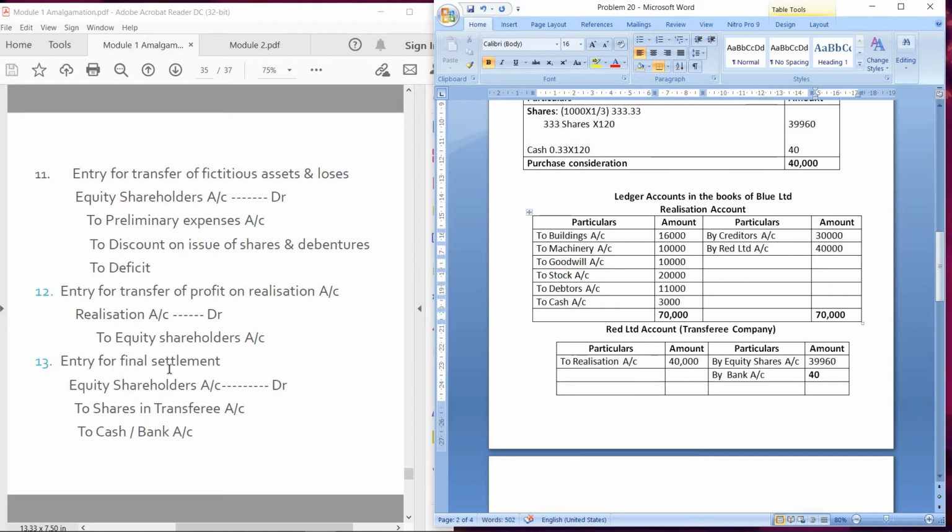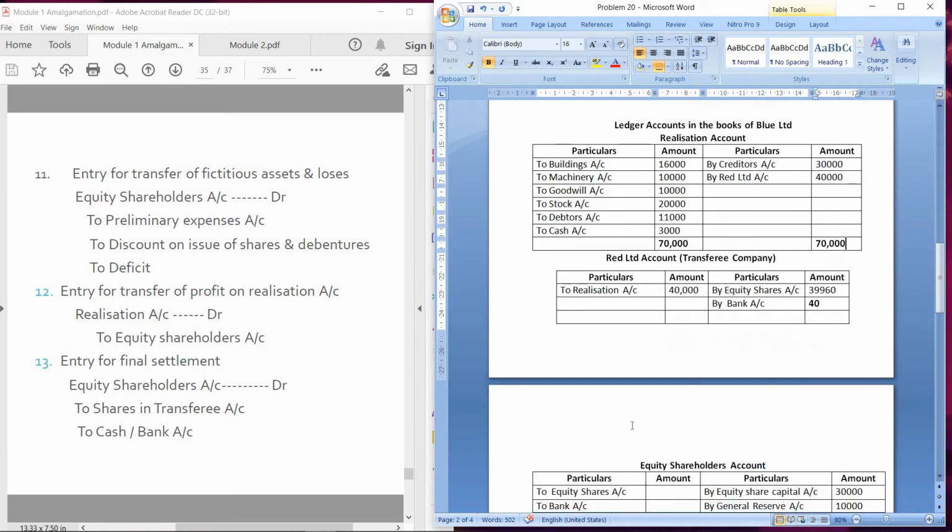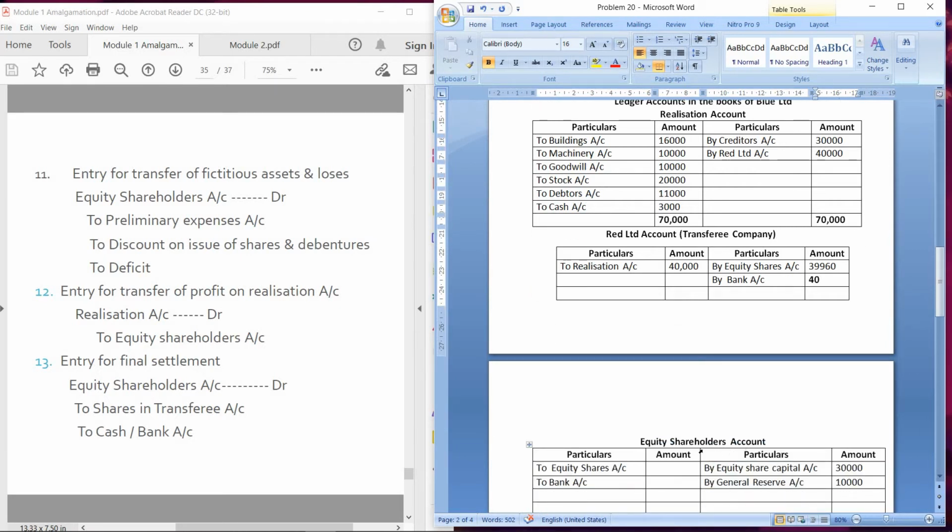Last entry, entry for final settlement. Equity shareholders account debit to shares in transferee company account to cash or bank account. So equity shareholders account debit to equity shares account. Amount paid in equity shares is 39,960 and in the form of cash paid it is 40.